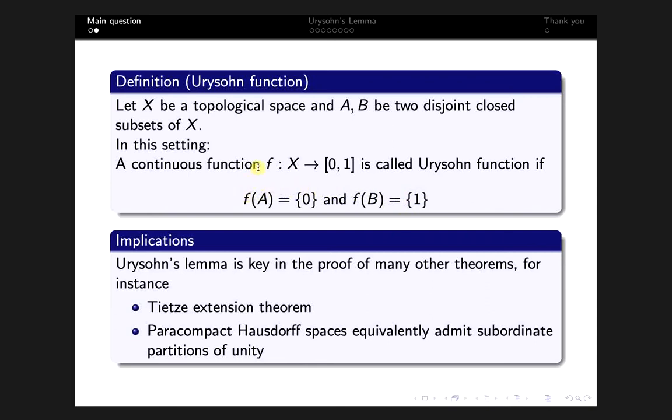That is, the restriction of f to A is the constant function 0 and the restriction of f to the closed set B is the constant function 1. This is the definition of an Urysohn function.